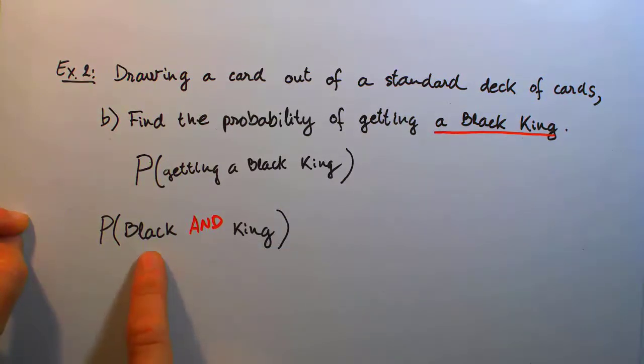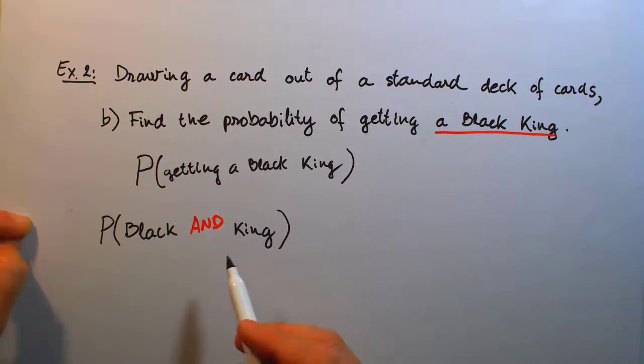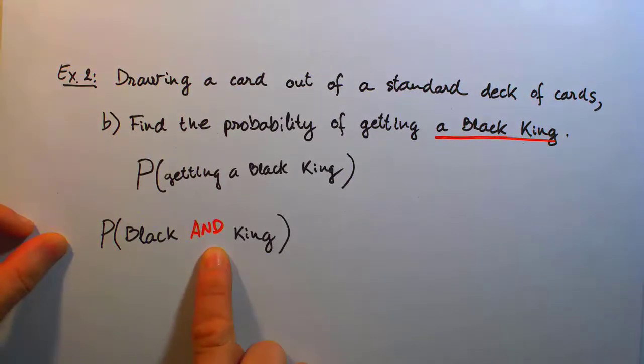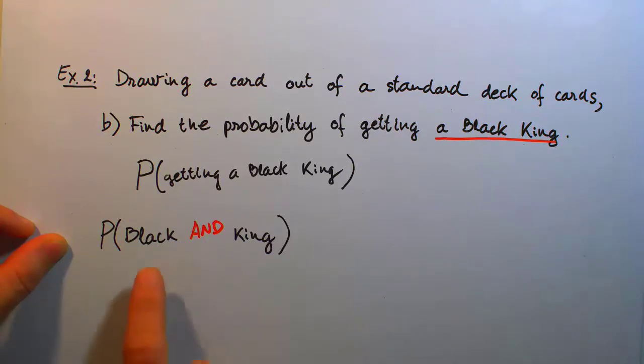So we're looking for black, and at the same time we're looking for a king card right here. I have to point out one more thing: see the keyword and right here, we're looking for those outcomes that meet the two requirements at the same time, simultaneously.